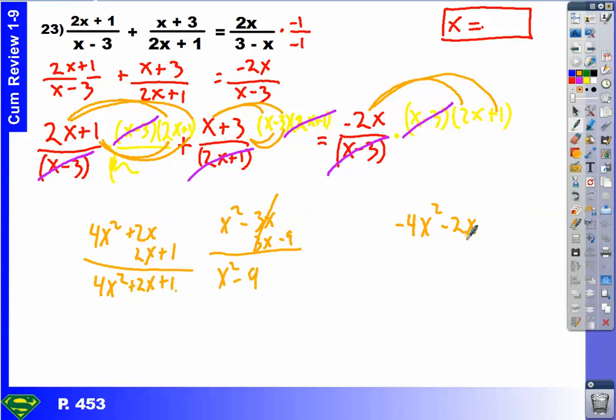So once all is said and done, I'm going to have 4x squared plus 2x plus 1 plus this binomial, x squared minus 9, is equal to negative 4x squared minus 2x. So essentially, I've just set all of the numerators equal to each other, and the denominators have canceled out.